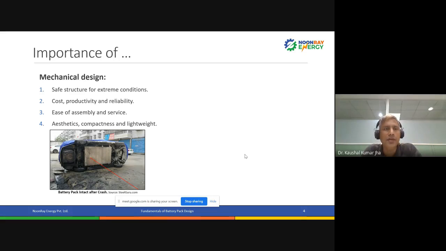I'm just going to cover two things in detail, mechanical and thermal, but I'll give you an introduction on why these designs are required. So why is mechanical design required? To have a safe structure for extreme conditions. The extreme condition is even at the max speed, or the rated gradient, or a pothole, or in accidental scenarios like a crash.